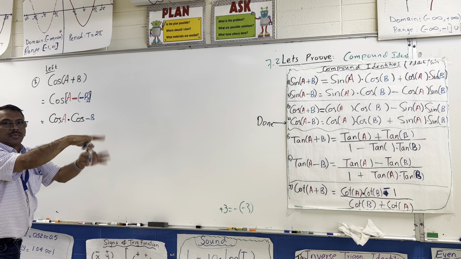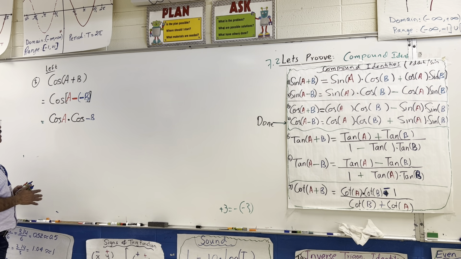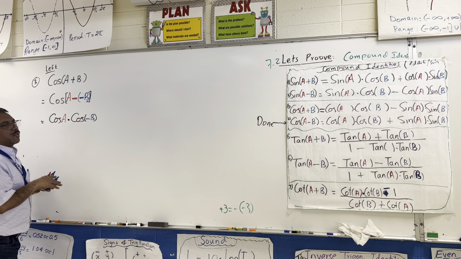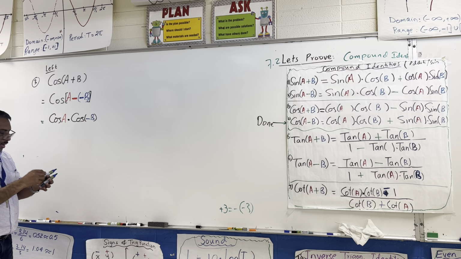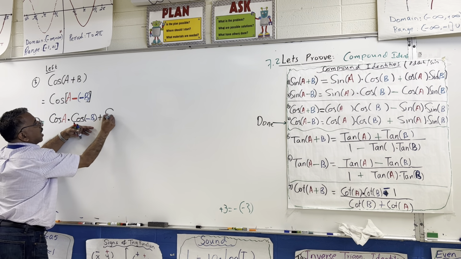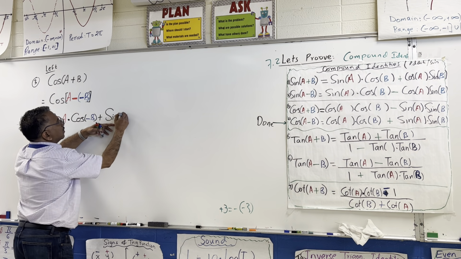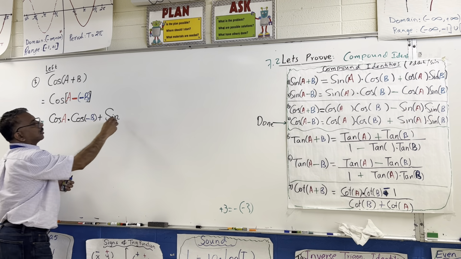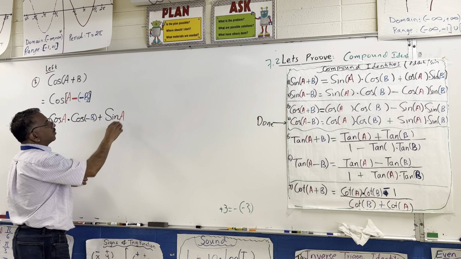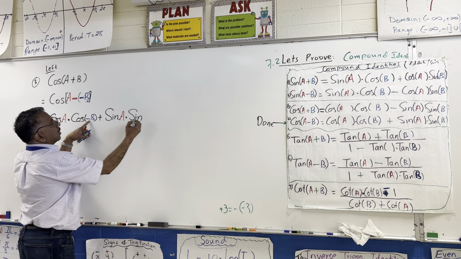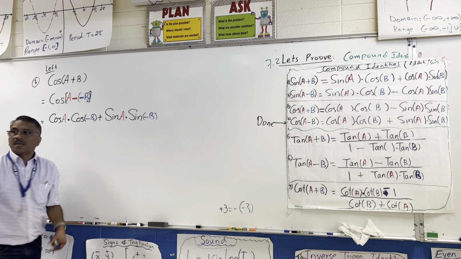Don't worry about the chart. So that's negative B. Then what do you have after that in the formula? Plus sine A times, plus, very good, sine A, that's the red color, right? And then times sine of negative B. Is that right?